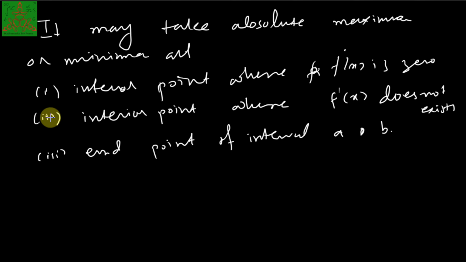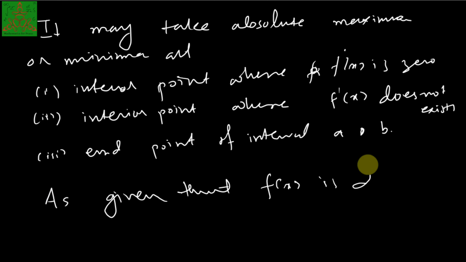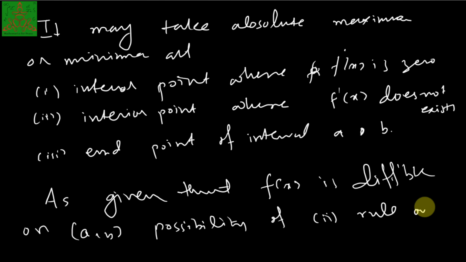Now we'll need to work out the first one and the third one. Let me write the argument which I have told you: as given that f of x is differentiable on the open interval AB, possibility 2 is ruled out. So it is not possible. Now we have to work out possibilities 1 and 3.